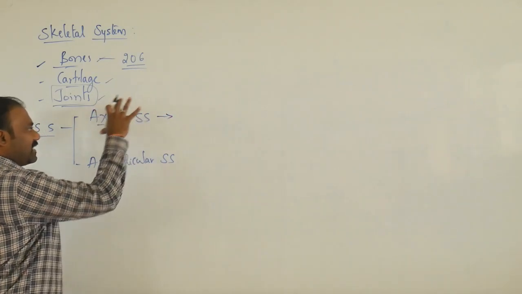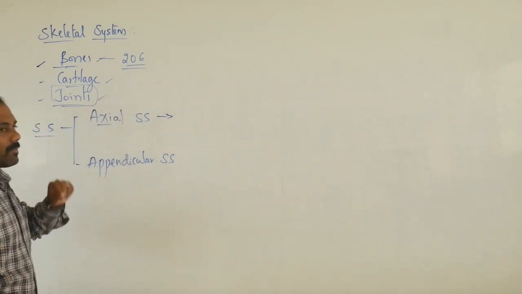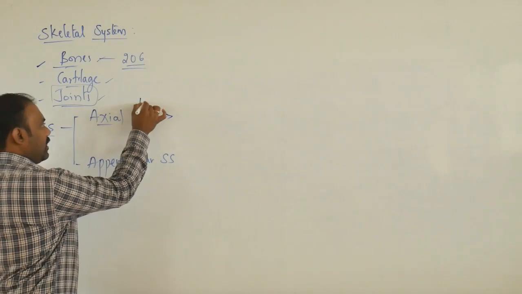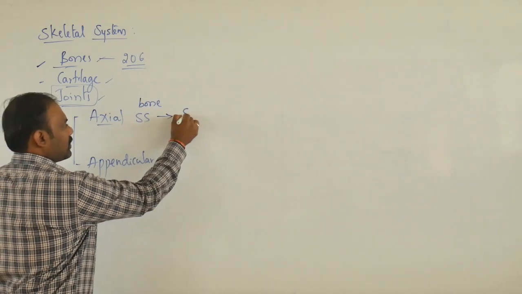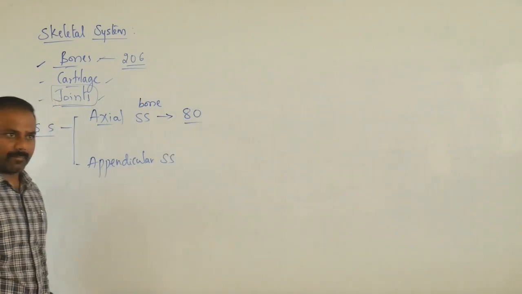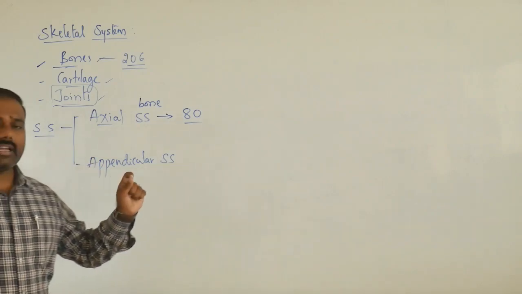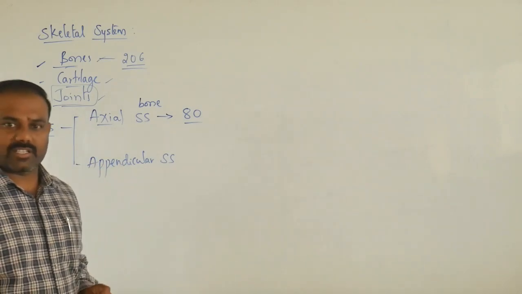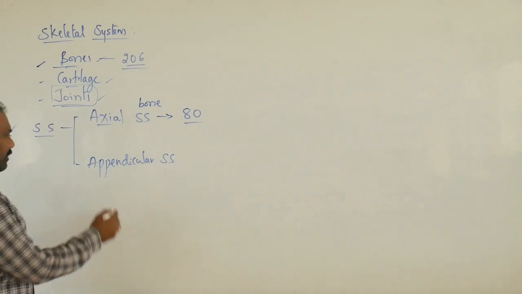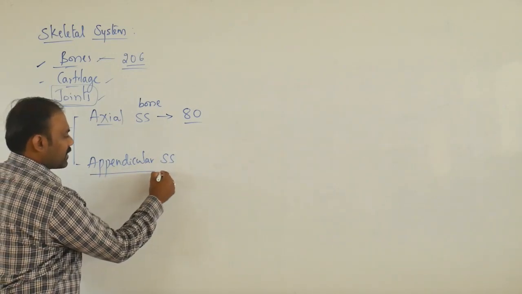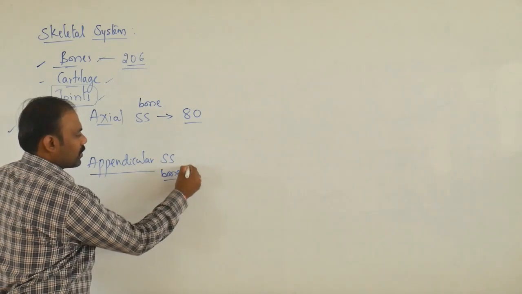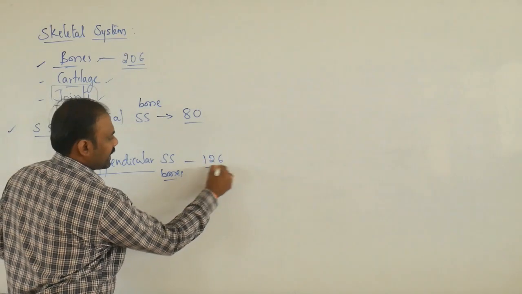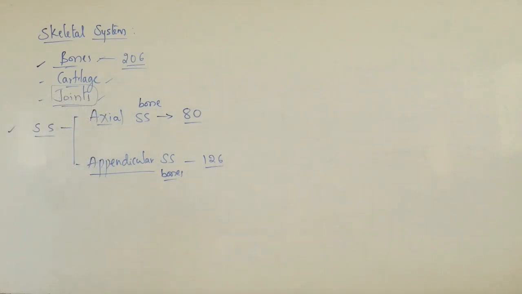Here, the axial skeletal system, or axial bones, are 80 bones, remember. So there are 80 axial bones present in the adult human body. At the same time, the appendicular skeletal system, or appendicular bones, are 126.